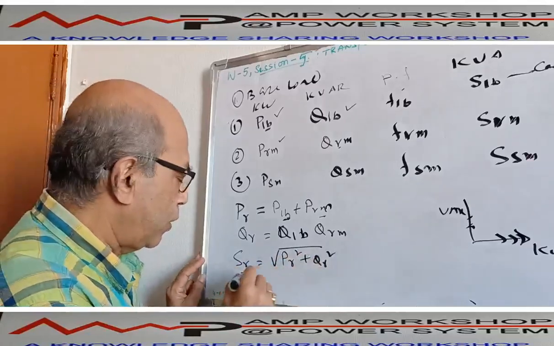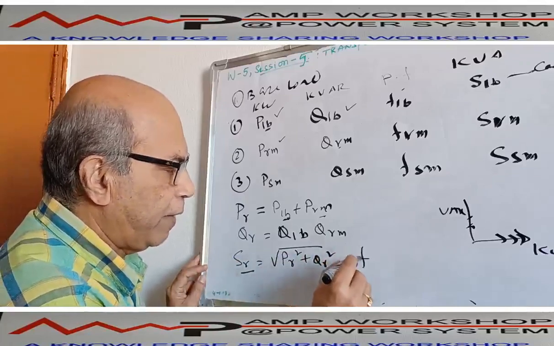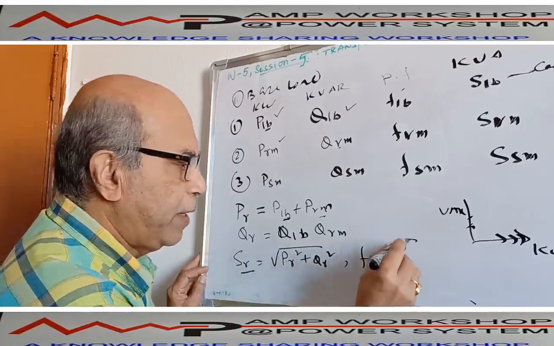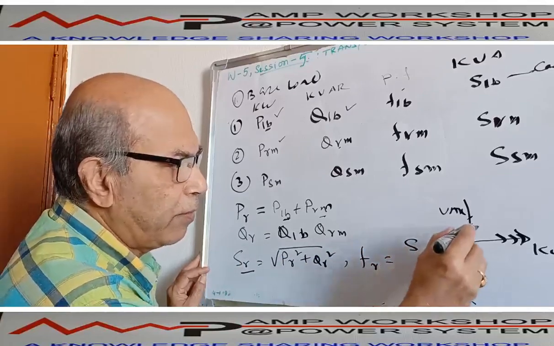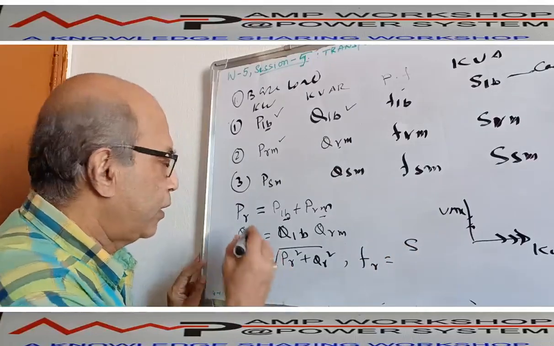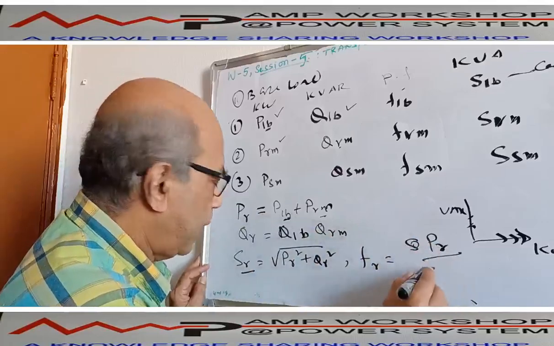And if we want the running power factor, F running, we can calculate it from the kVA. Power factor is always kilowatt by kVA, so it is PR divided by SR, as we know both PR and SR.